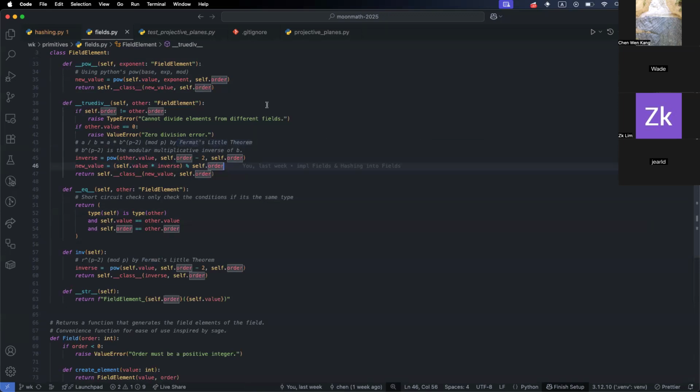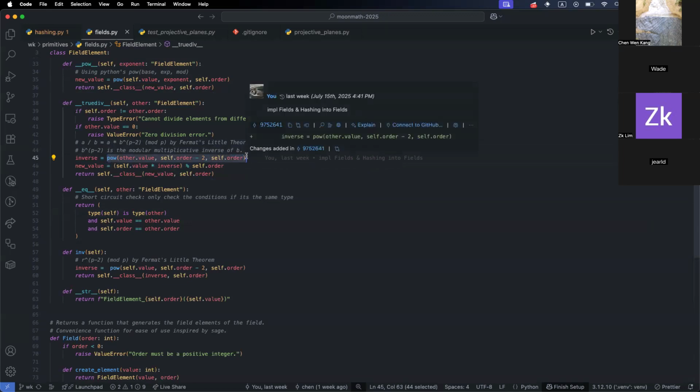It's a way of calculating in a multiplicative group, a way of calculating the inverse of a field element, right? So in this case, division requires that. Basically, to divide A by B, it's just A times the inverse of B, right?